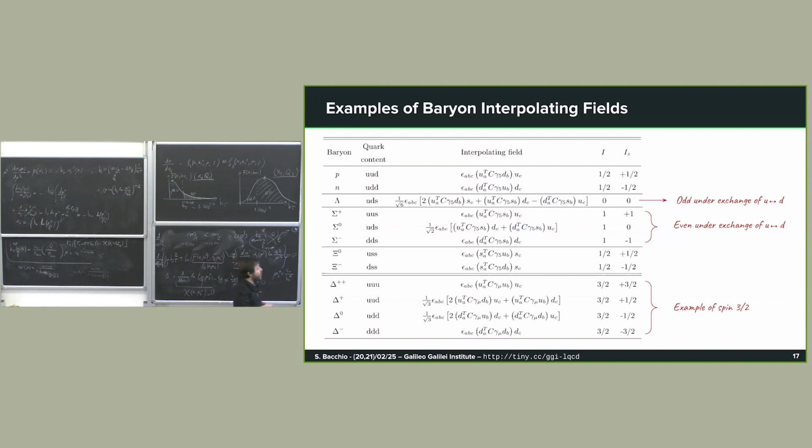If you implement this property, so you don't just do a naive UDS but you implement being even or odd under exchange of U and D, you really see that the lambda interpolating field is only going to give you the lambda, plus other excited states of the lambda, and the interpolating field of the sigma is going to be found in the next one. So you see a mass gap. And this is how we do calculations.